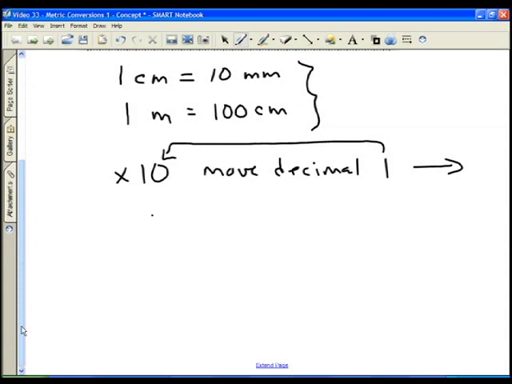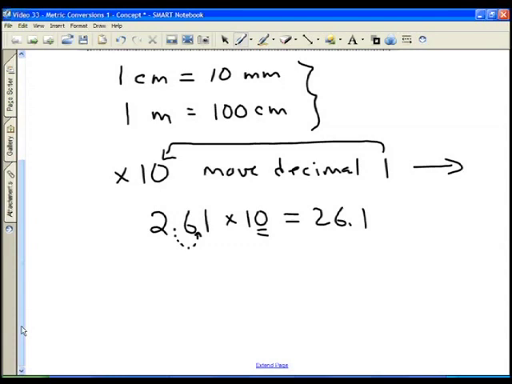So if we have something like 2.61 times 10, all we need to do is to move this decimal 1 place, because there's 1 0, to the right.